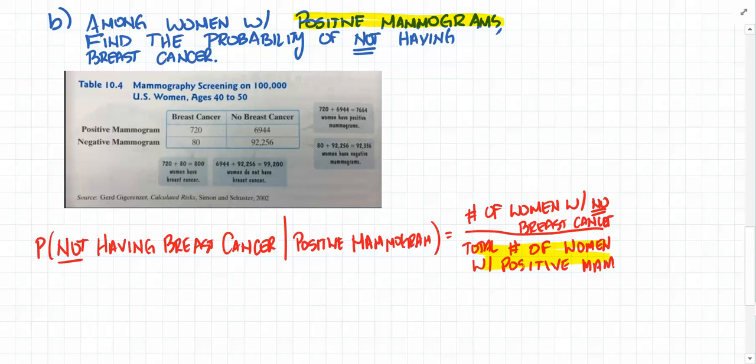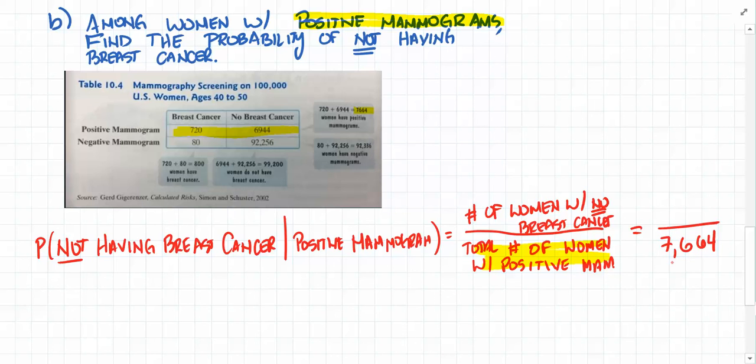The number of women with positive mammograms only is the sum total of this row, 720 and 6,944, which of course is 7,664. So this is our new denominator, 7,664, because these are the women that have positive mammograms.